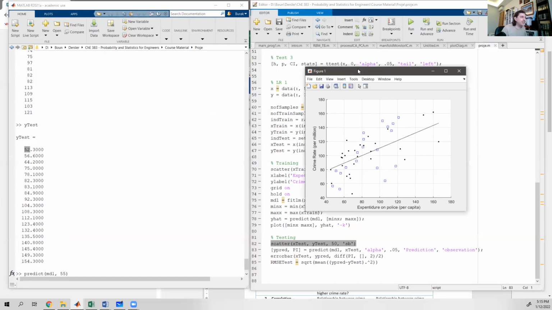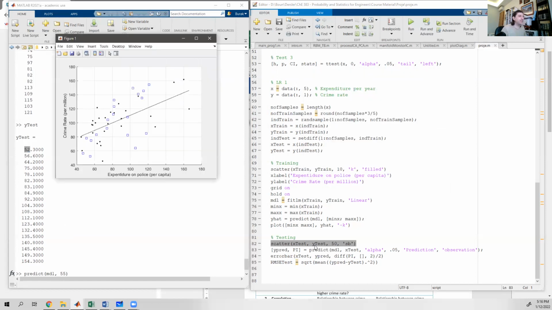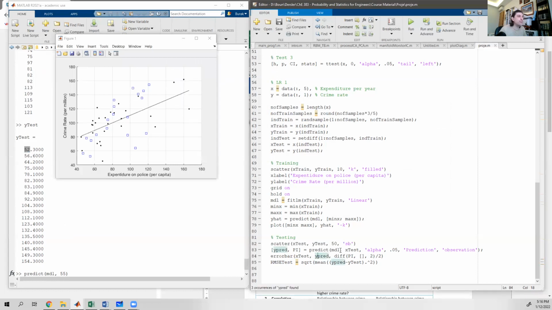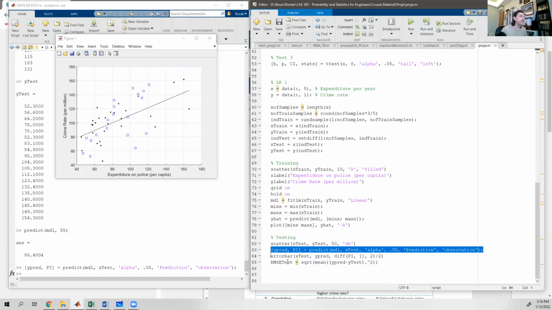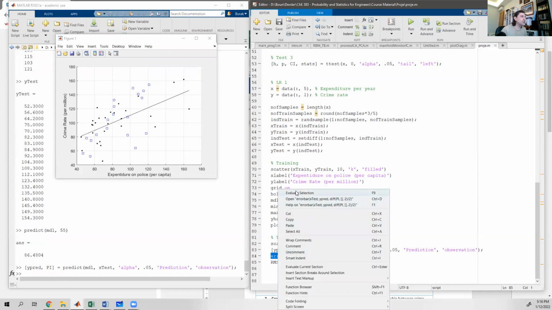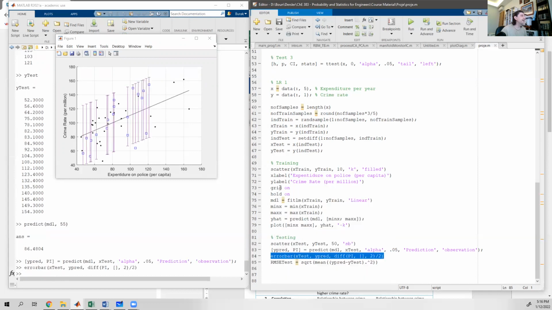So what I do here is, this is only for a specific year. I use this command for all of the x test values, right? Only the police investments are known for different states. But not only do I do point predictions, with a 95% confidence level I determine a prediction interval. And now I also show it on the same figure with error bars.